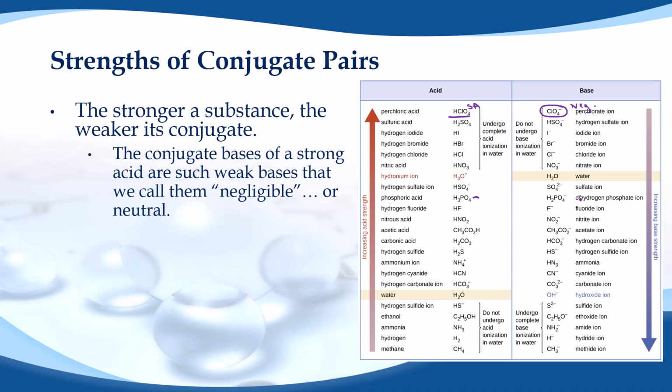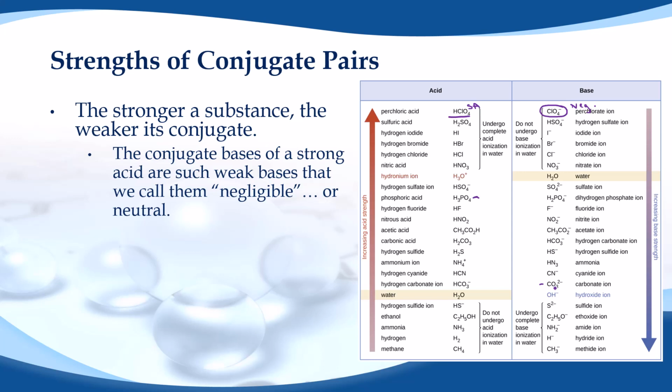Stronger acid, weaker base. If I go down to, let's say, hydrogen carbonate, it's a very weak acid. But the carbonate ion is a significantly stronger base. We're not saying it's a strong base by definition, but it's a stronger base than hydrogen carbonate is strong as an acid, right?